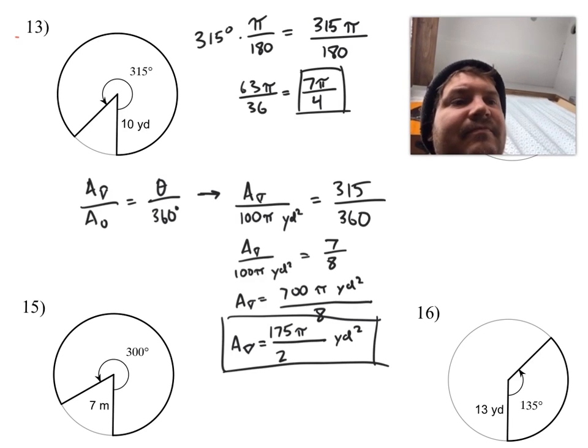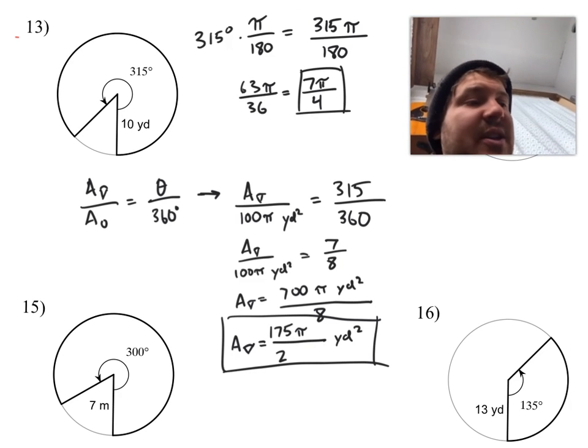And that's your process for 11 through 20.